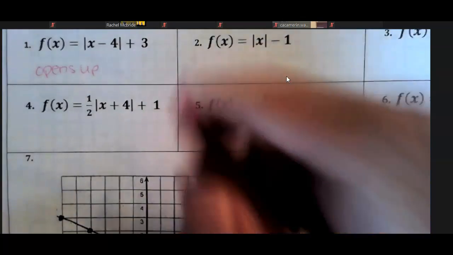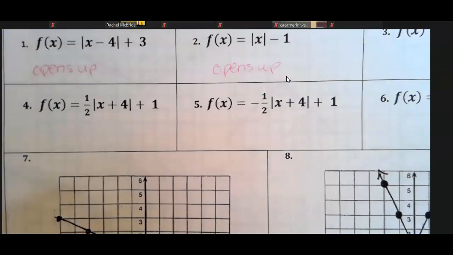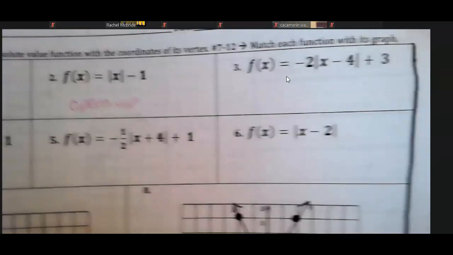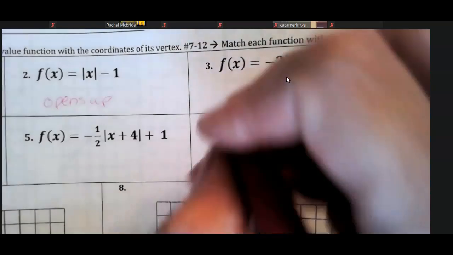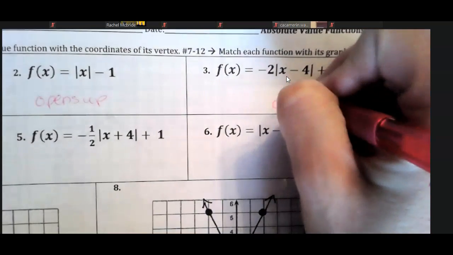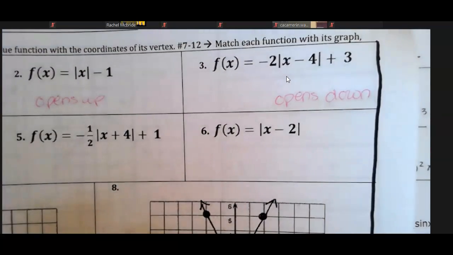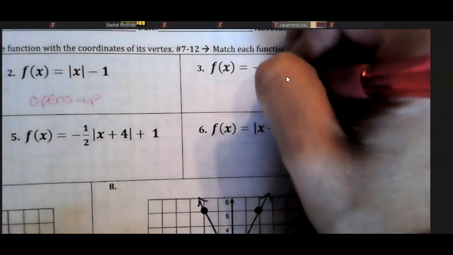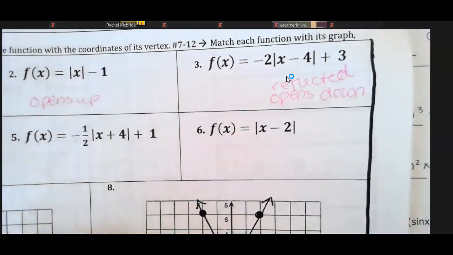Number two is positive, therefore it's an opens up. Number three is negative. So when I'm looking at the answers, this one needs to have an opens down because that graph is reflected based on that negative in front.